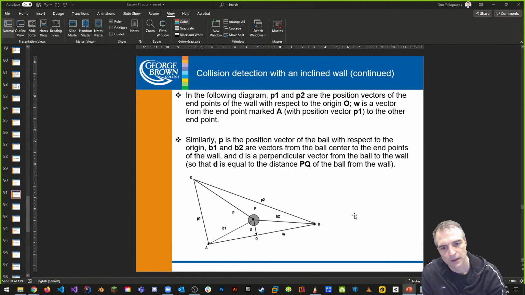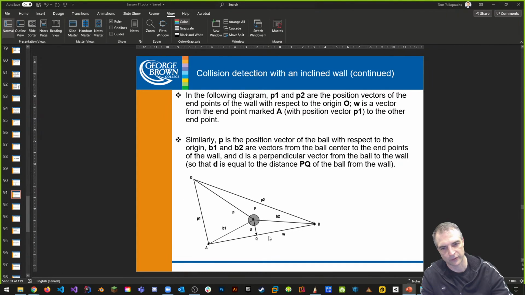So what we're trying to do here is, in the following diagram, P1 and P2 are the position vectors of the endpoints of the wall with respect to the origin. What we're doing depends on the angle of attack. Notice that if the angle of attack is not normal, completely perpendicular to the surface, we need to calculate the new angle.